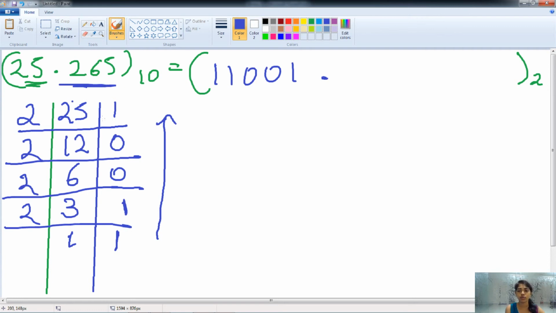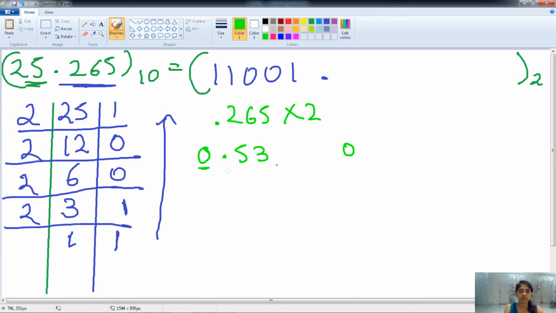Now let's get over with this fraction part, that is 0.265. We have to multiply it with 2. We have to keep on multiplying with 2 until we get the perfect one. So 0.265 into 2 would give us 0.53.